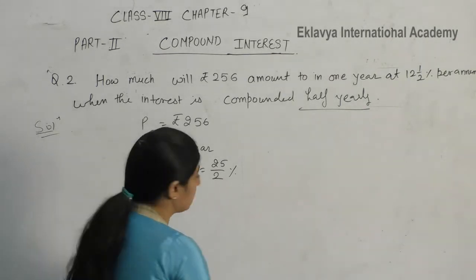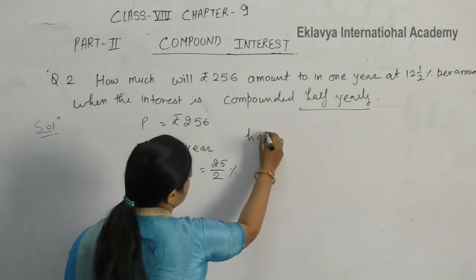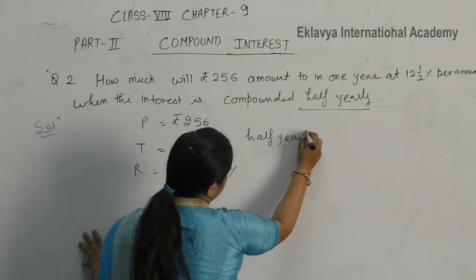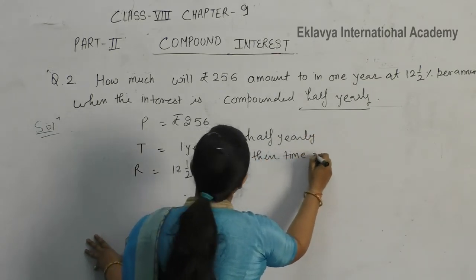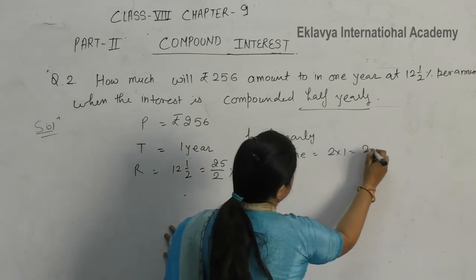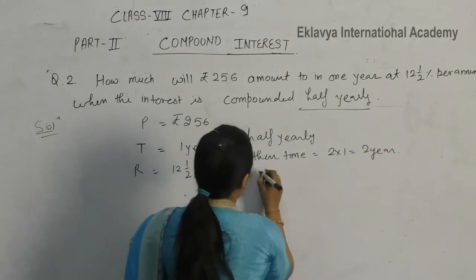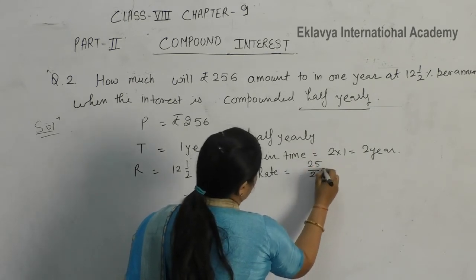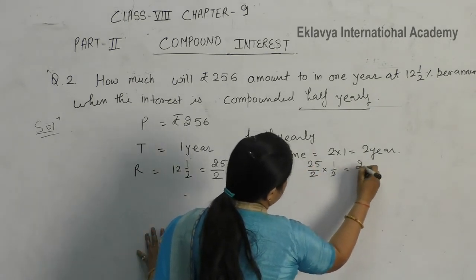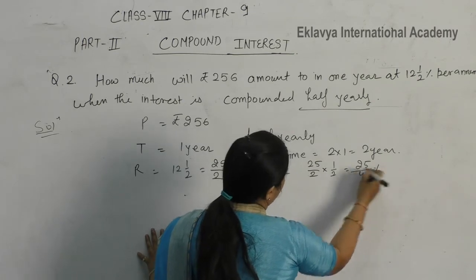Now see, this is half yearly, so time is equal to 2 multiplied by 1, that is 2 years, and rate is half of 25/2, which becomes 25/4%.